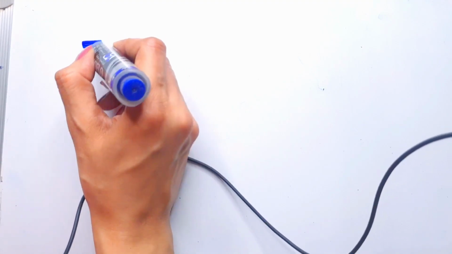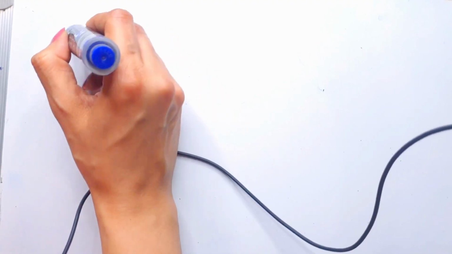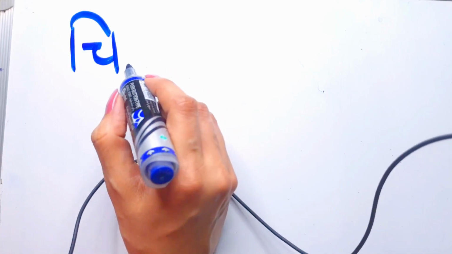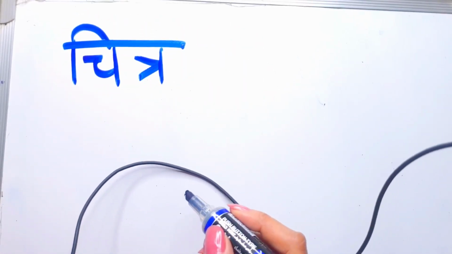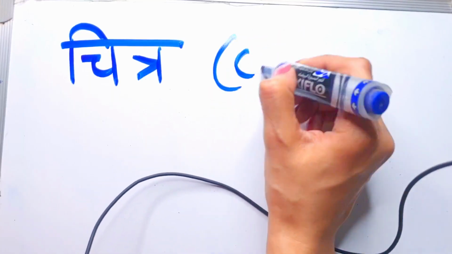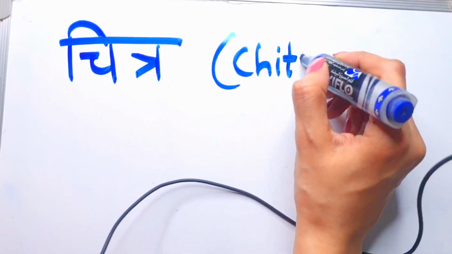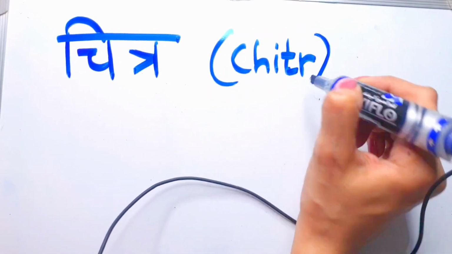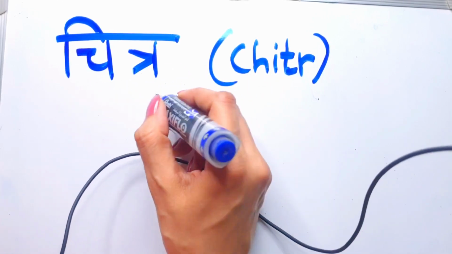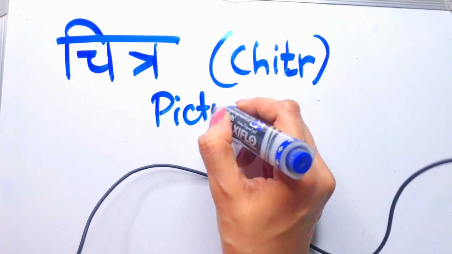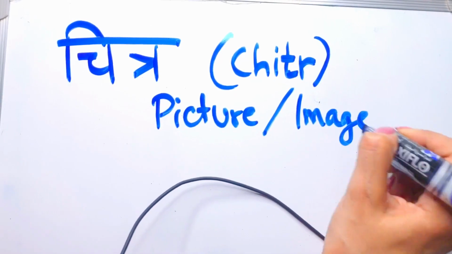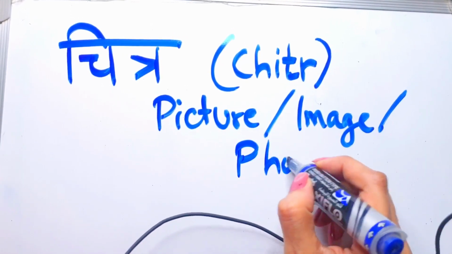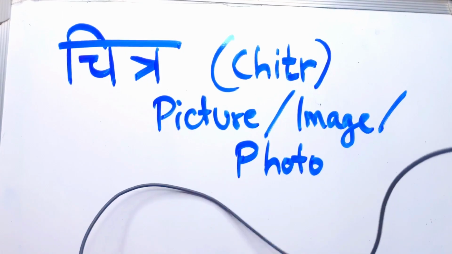Next is chitra. Chitra. This means a picture or an image, a photograph. Alright?